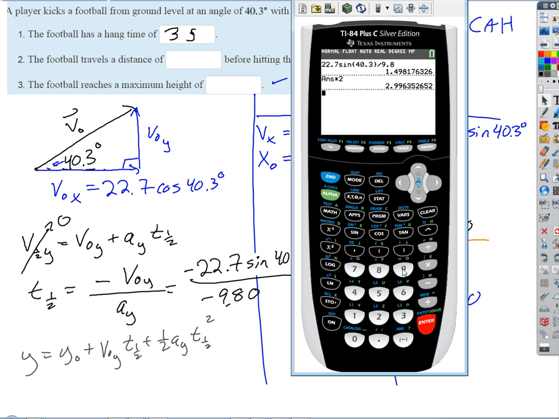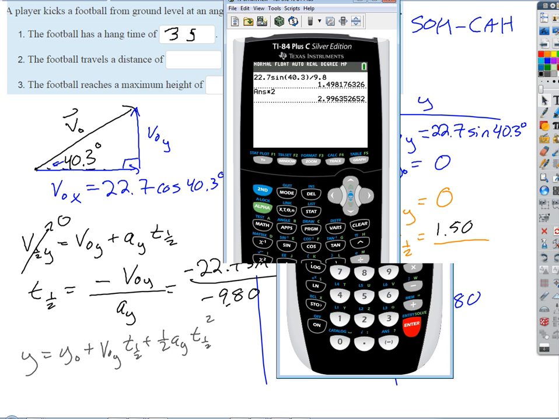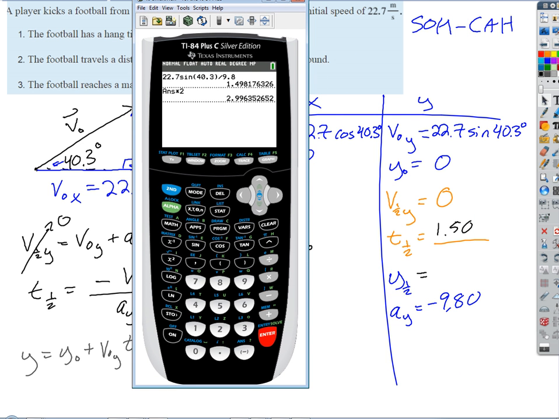Okay, so the initial position, that's 0, right? Yes. Okay, the initial velocity in the y direction is that, times 1.5, times that.